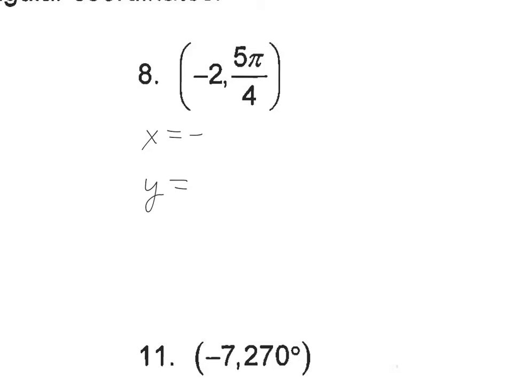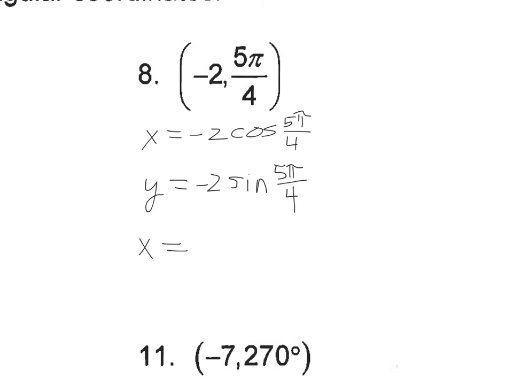Just literally plug in. So r is negative 2, cosine of 5 pi over 4. And also we'll check it just by using our logic and understanding of the two forms to see if they reasonably match up. So let's go and do those calculations.